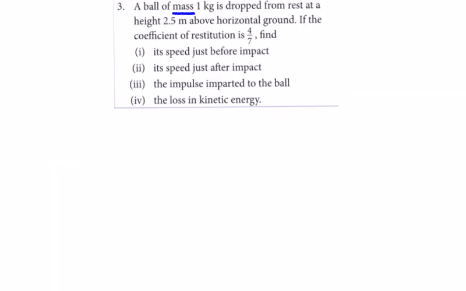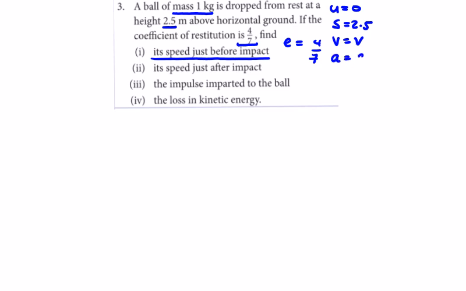Go to number 3. In this question, the mass is 1 kilogram. It's dropped from rest, so u equals 0, from a height of 2.5, so s is 2.5. Coefficient of restitution e is equal to 4 over 7. We're asked for speed just before impact. We have u, we have s, and we have a equal to gravity, bringing it down.